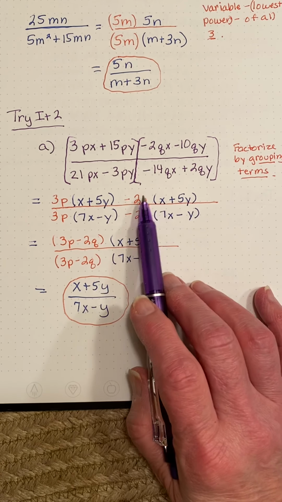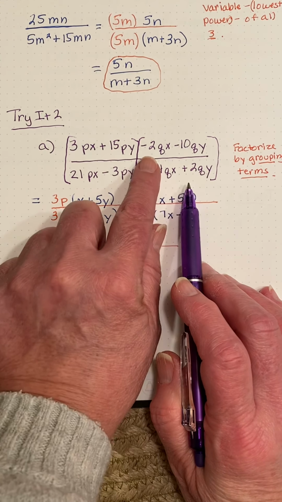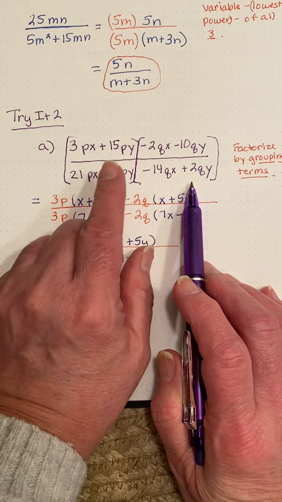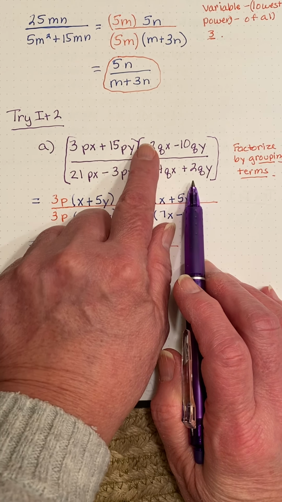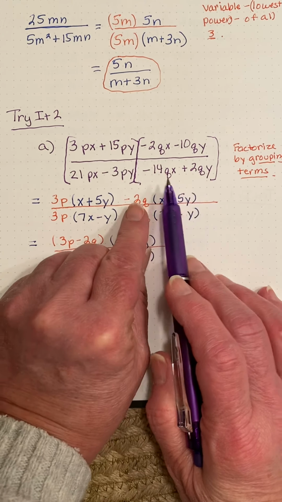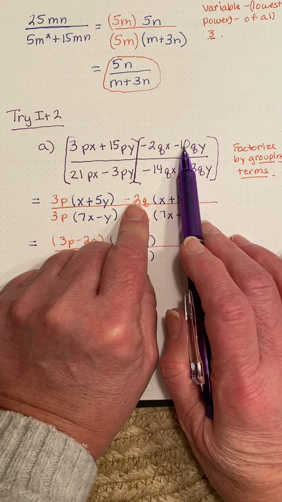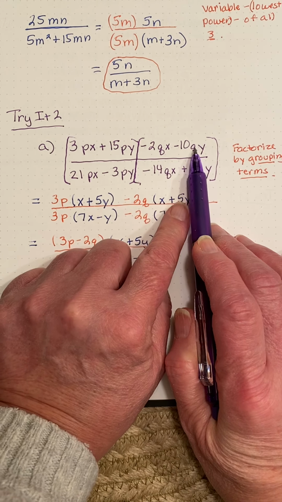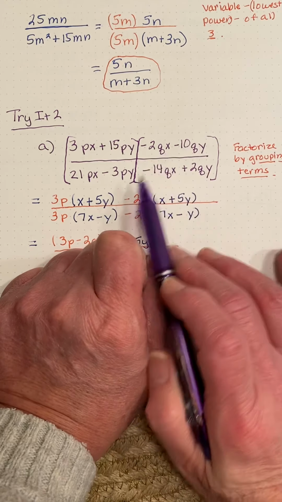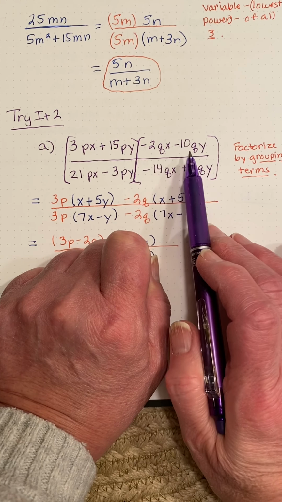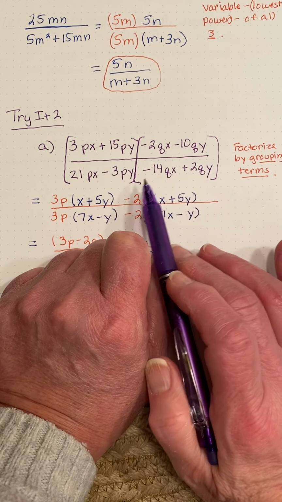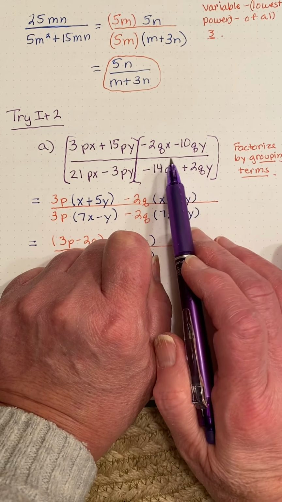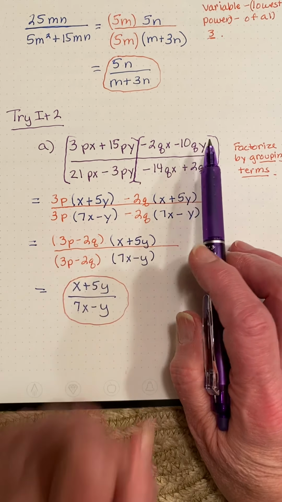Just a quick explanation. If I take a negative 2q out of this, I'm left with just x. If I take a negative 2 out of a negative 10q, I'm left with a positive 5q, because remember, when you multiply or divide by things of either negatives or positives, it's always going to be a positive number.